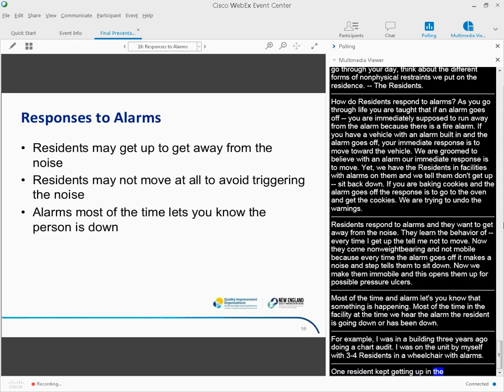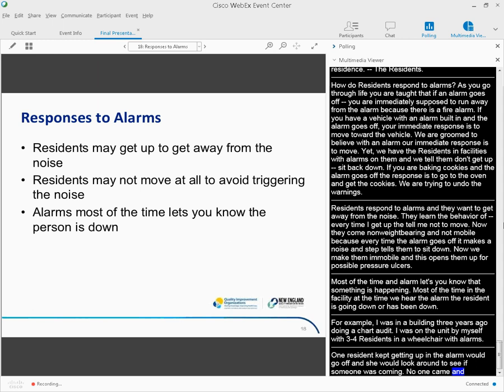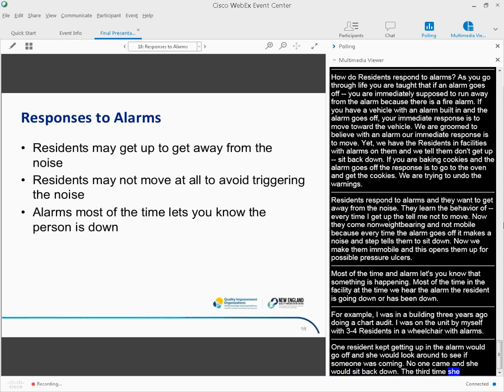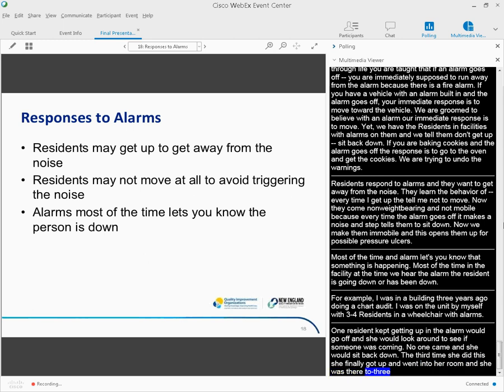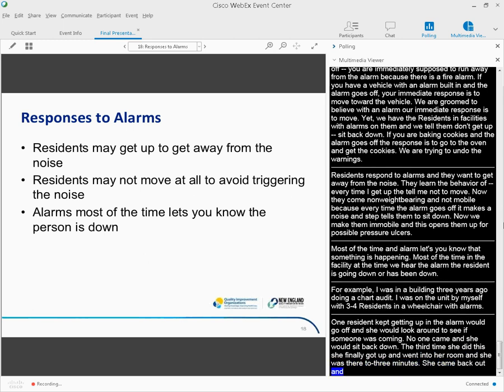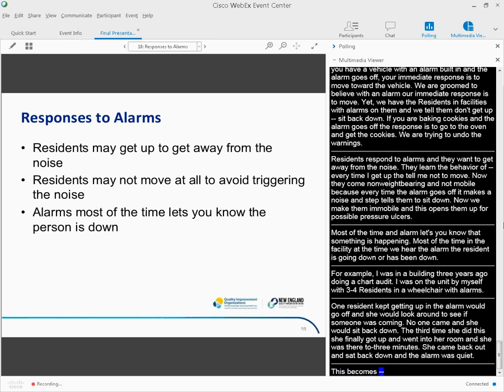About the 3rd time of her doing that, she finally got up because no one was responding, and she went into her room. She was in there for about 2 or 3 minutes. Came back out, sat back down, and then the alarm quieted down. So staff becomes kind of muted to the noises of the alarm. And you have to ask yourself, what is the purpose of having that alarm on your resident?